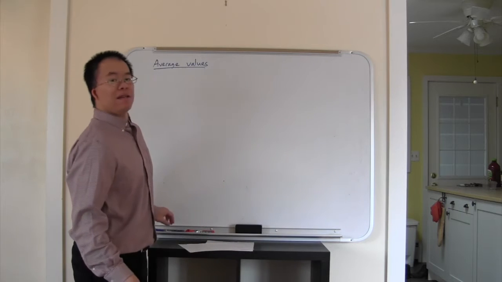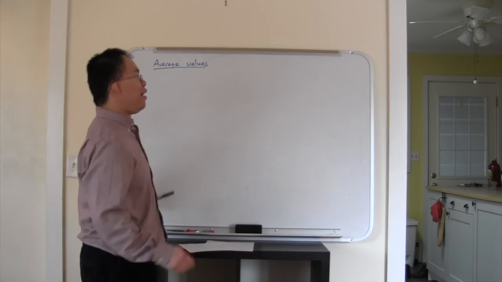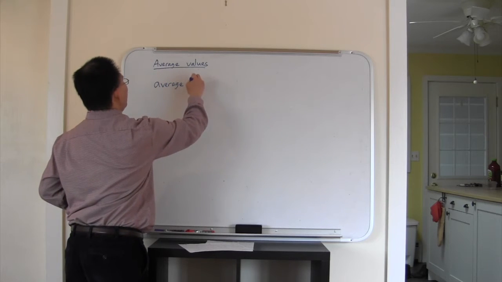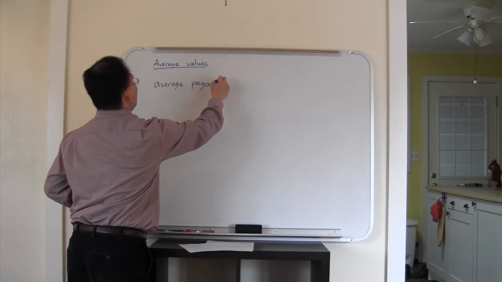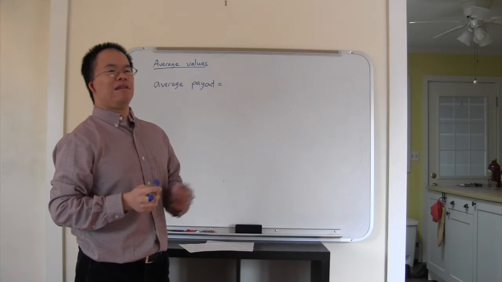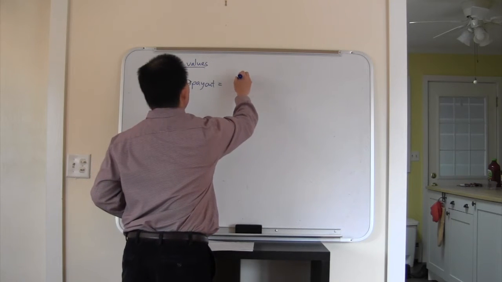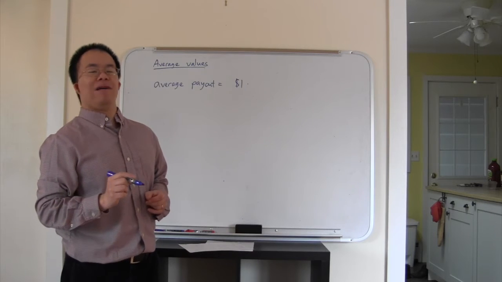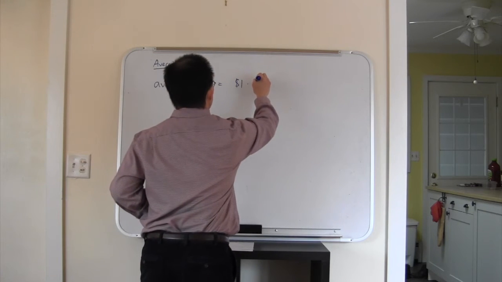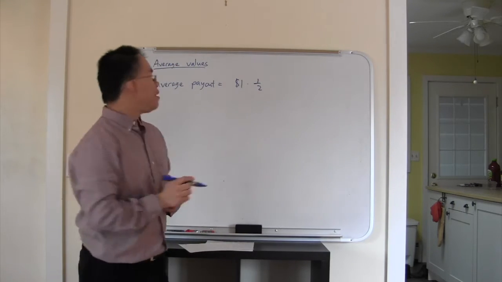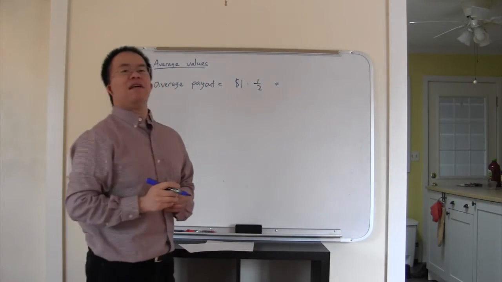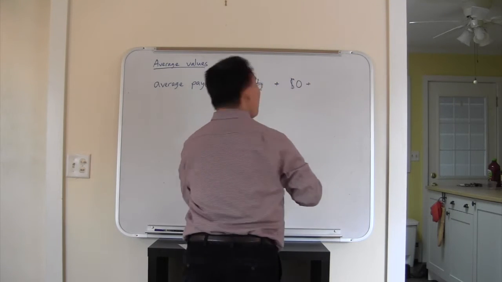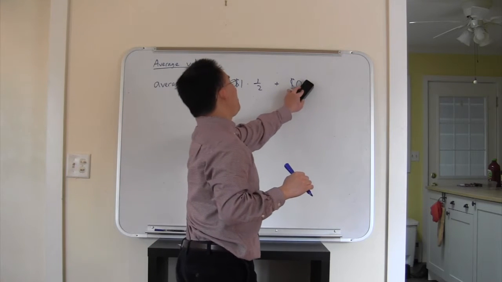Well, we can calculate this, and you might have an intuitive sense of how. So the average payout is going to be the $1 payout times the probability of getting that payout, which is a half, plus the other possibility, a payout of 0, times the probability of getting that payout.